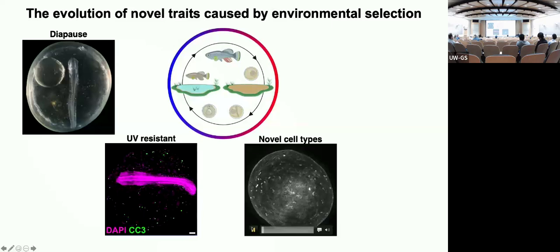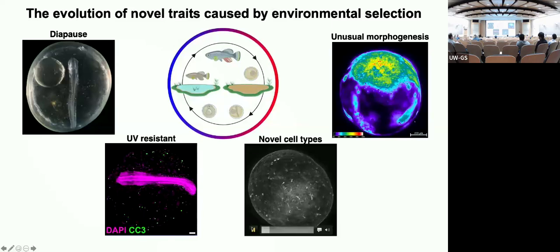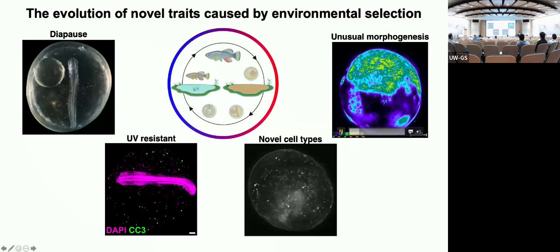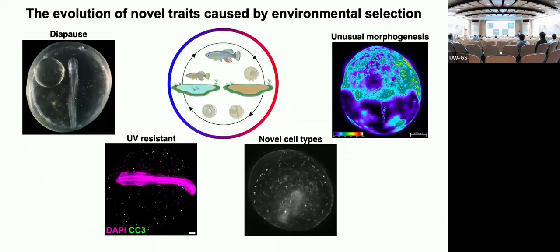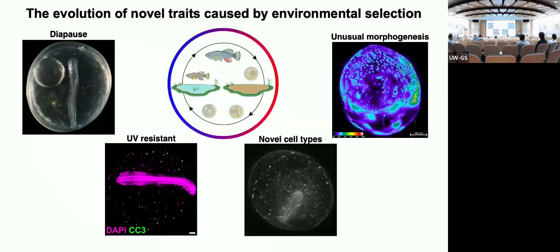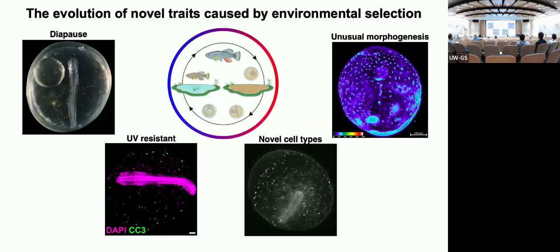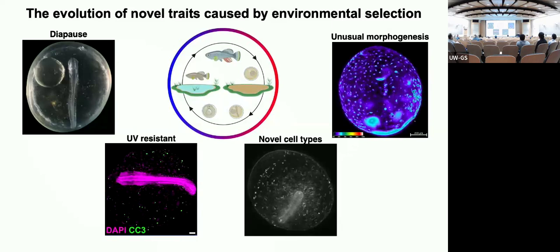And they also have a very unusual way of developing, so that early morphogenetic shape that the animal undergoes is highly unusual compared to other vertebrates that people have studied. And so, by studying these outliers, these creatures with extreme adaptations, we can learn about the extent to which evolution can change the biology of organisms.